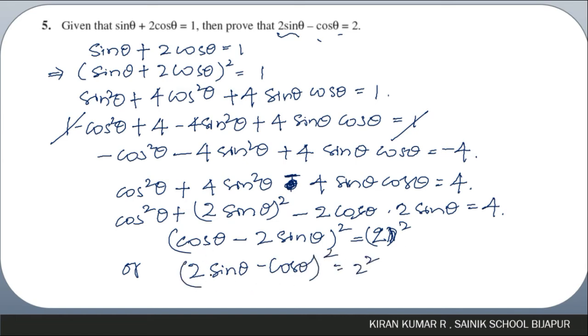Both are the same values because when you square it, the square of a negative number will be positive, so this holds true. So we get 2 times sin theta minus cos theta equal to positive 2 by taking square root on both the sides. Hence we have proved it. It is a little tricky. You keep solving, you will understand it. Next question.